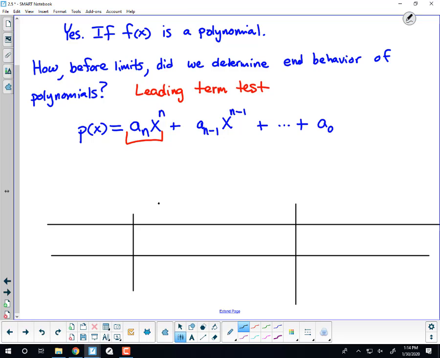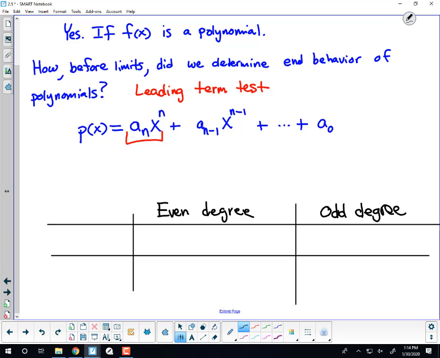So there were two conditions. We had an even degree function, even degree, and an odd degree. In addition to the highest power on x, we also had the coefficient attached to x.